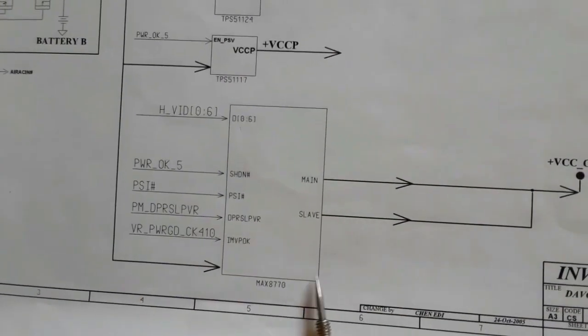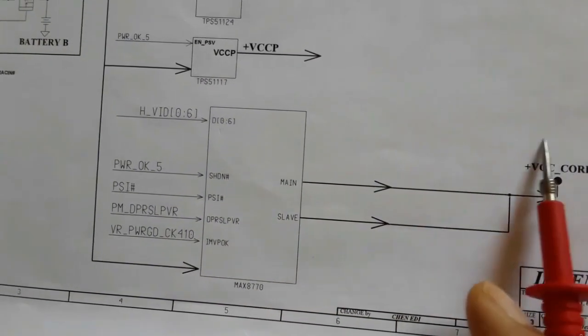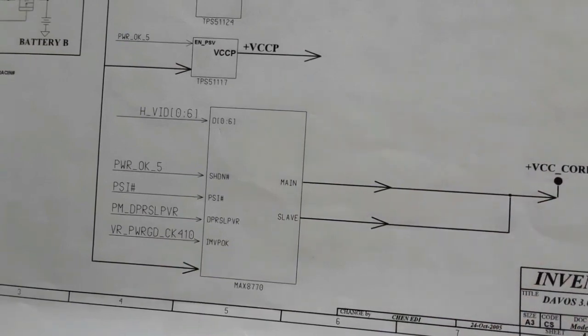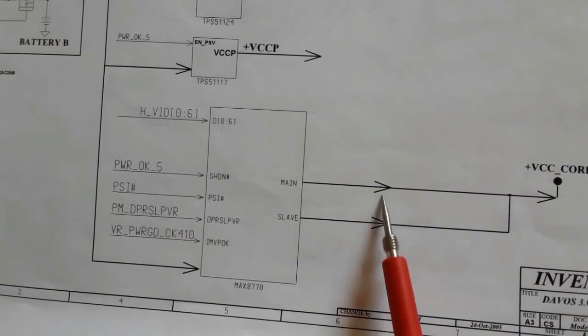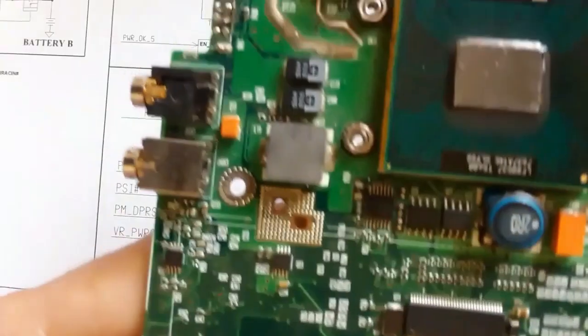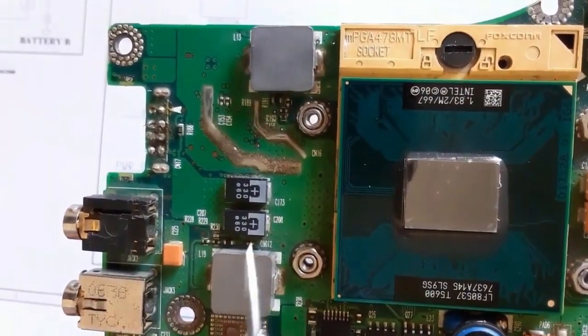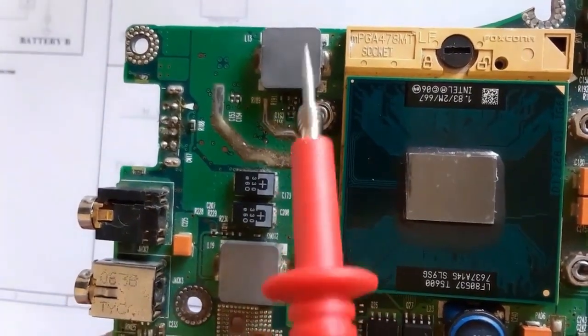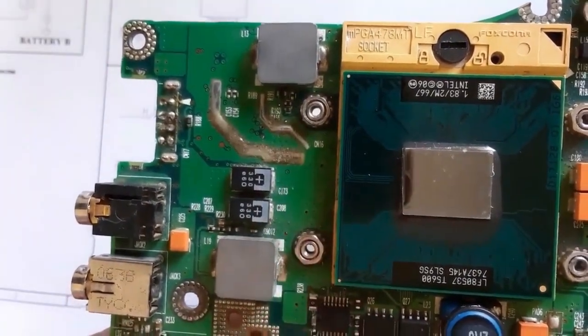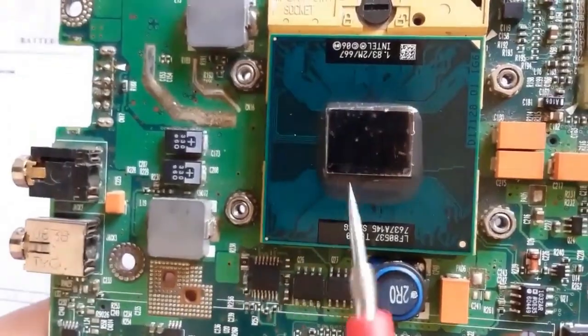So now we're gonna see the Max 8770. This is the CPU power management IC here. It generates plus VCC core through two channels. As you can see, there are two channels here. We have two inductors. Each inductor means a channel. Okay, two inductors. So right now, let's see the power management IC.